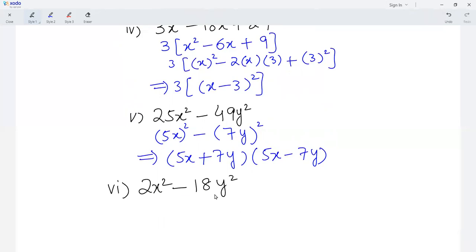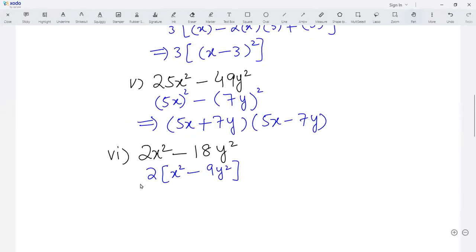The first step for the factorization is to take something common from the complete expression. So 2 must be taken as common from it. When 2 is common, inside the bracket it will be x squared minus 9y squared. This 2 will come at the end as well. Don't ignore that 2. You have to write down that 2 here.